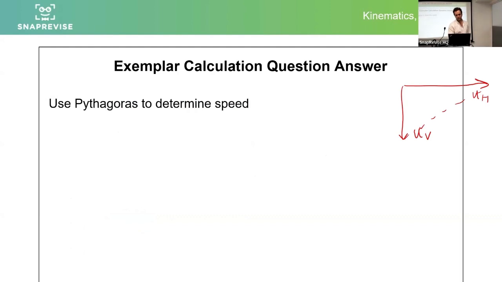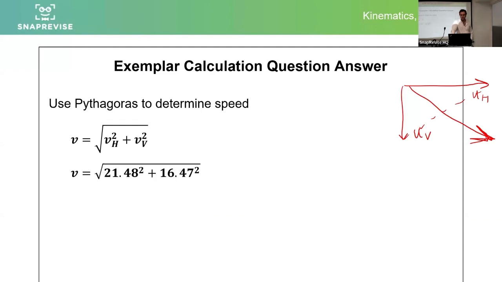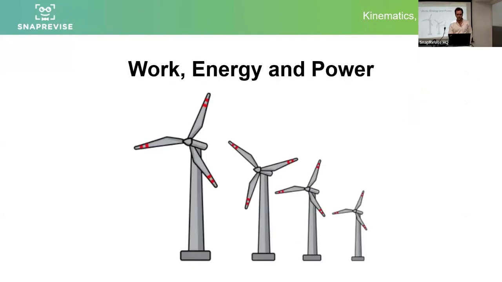And we want to work out the hypotenuse of this triangle in order to calculate the length of this combined vector and its magnitude. The speed. Use Pythagoras, square roots, adding in quadrature. Lovely. And that answer doesn't seem totally out of whack for a cannonball, 27 meters per second.